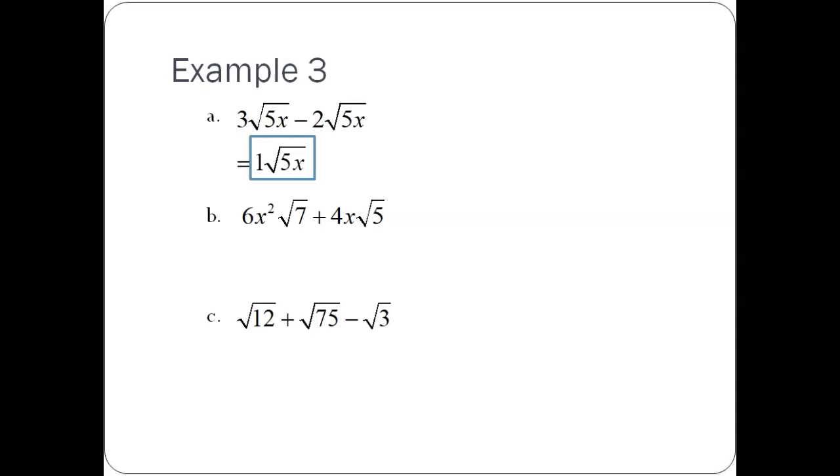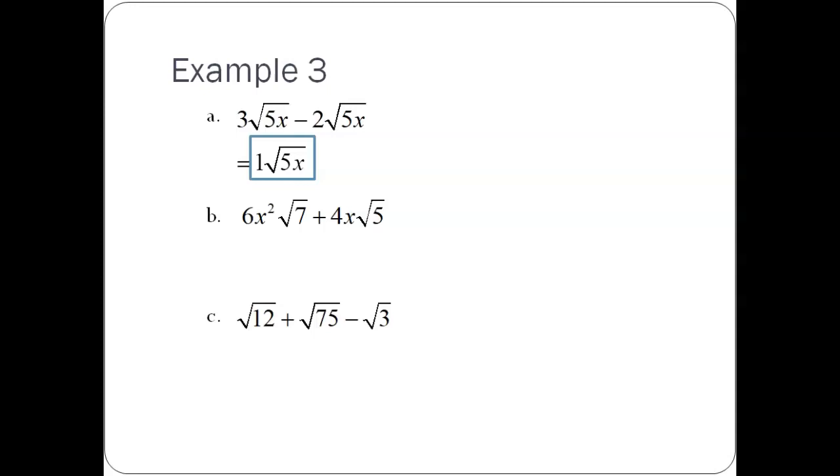All right, in the second one here, we have 6x squared times the square root of 7 plus 4x times the square root of 5. In this case, because the first term has a 7 under the square root, and in the second term, we have a 5 under the square root, we won't be able to combine these terms. Now, one good thing to check is you want to see, well, can I simplify those radicals and then combine them?